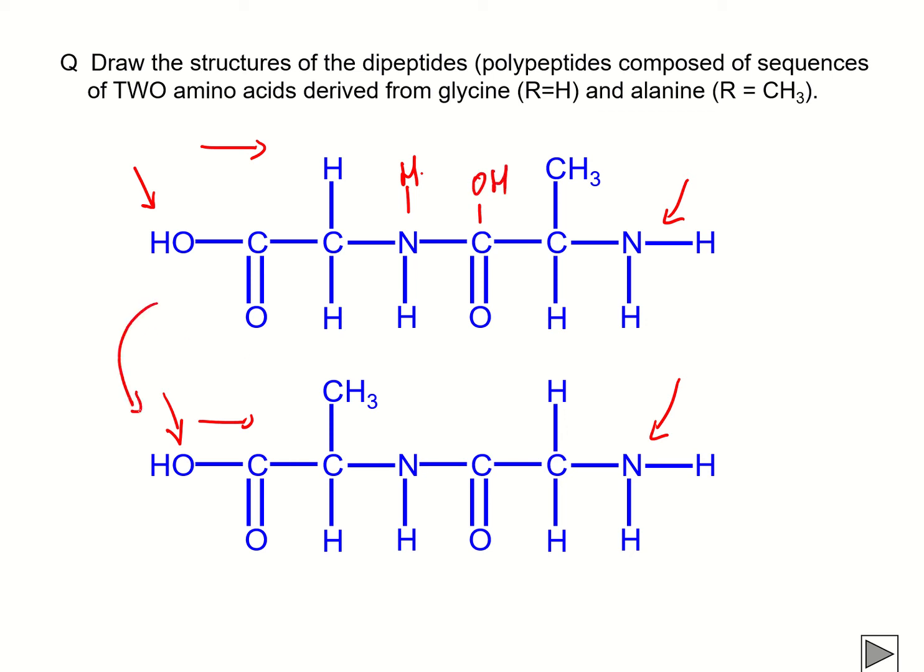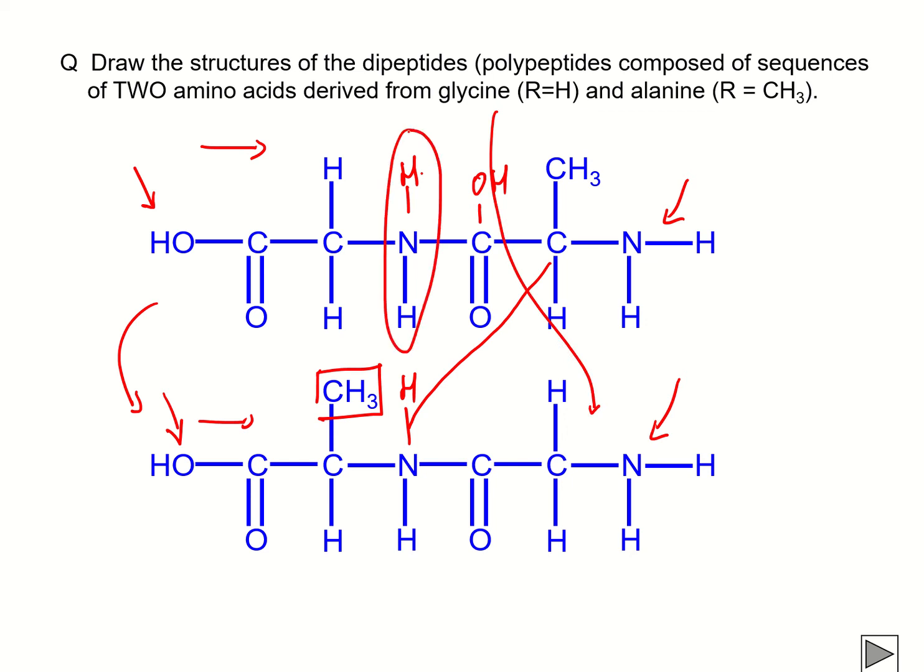Then down here, what we've taken is alanine again, but this time for the alanine, instead of polymerizing the COOH group, we've polymerized the NH2 group, and for the glycine here, instead of polymerizing the NH2 group, which we did up here, we've polymerized the carboxylic acid group. And believe it or not, you actually get two different structures here.